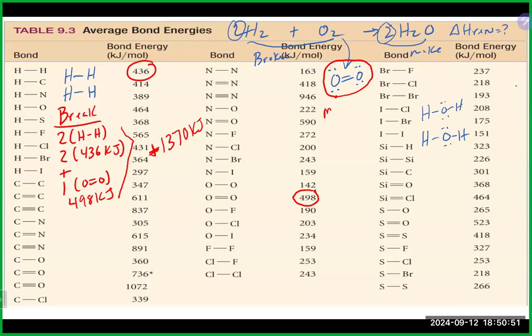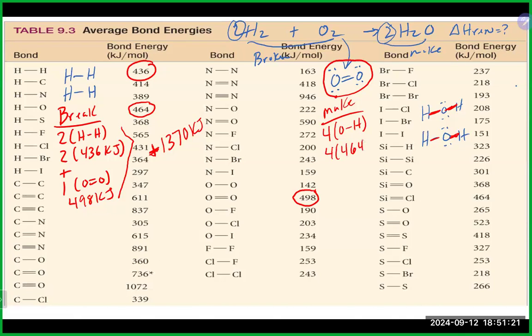Now let's talk about everything that we're making on the other side. In terms of making bonds, in each of the waters, how many OH bonds are there? 1 and 2, which means I have 1 and 2 in that one. I am making essentially 4 oxygen-hydrogen bonds. I'm going to look up oxygen-hydrogen. I didn't scribble on it, so that's pretty good. It's right about there, 464 for each.